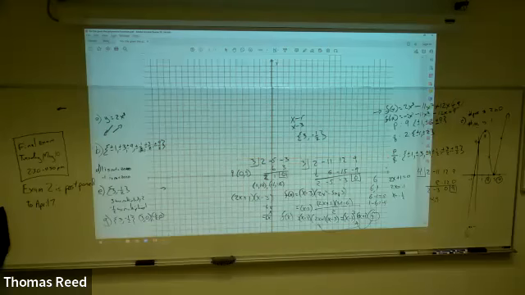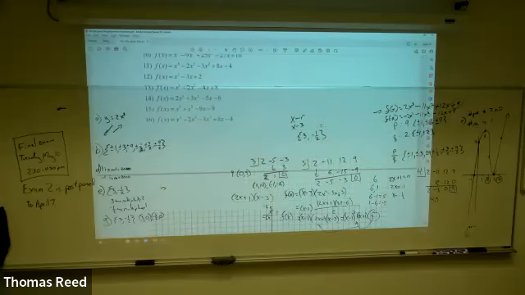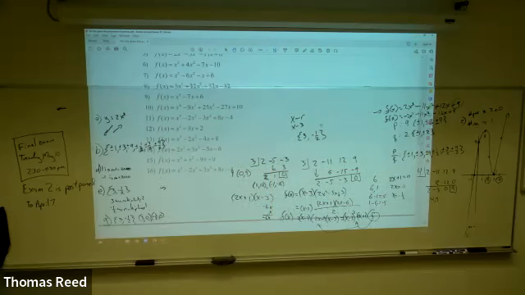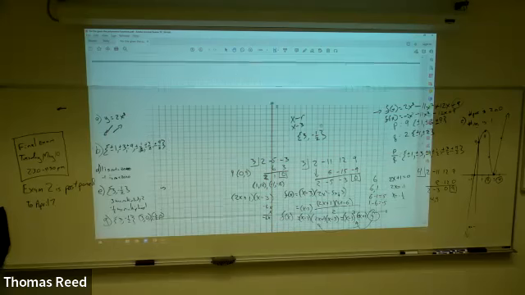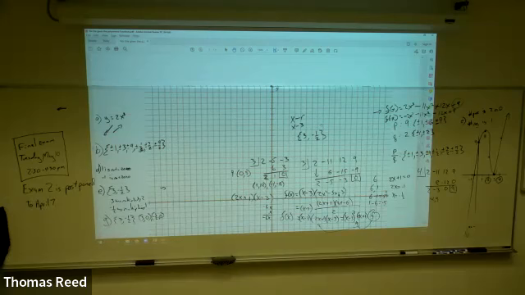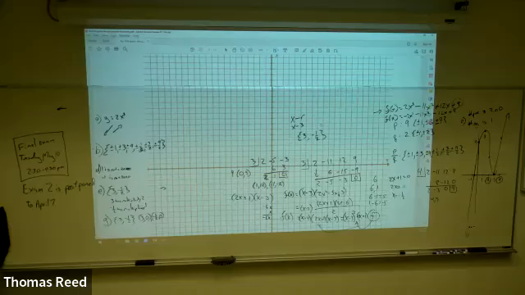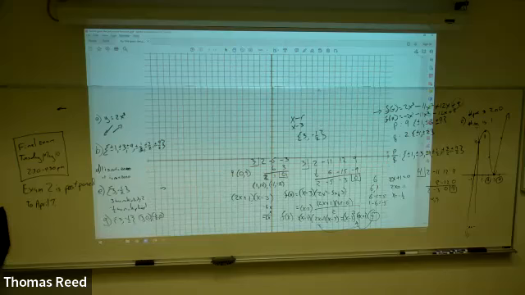Well, there's this document, and then there's another document that's just this graph, just these coordinates, and it goes from negative 20 to positive 20. So you have plenty of points to play with.